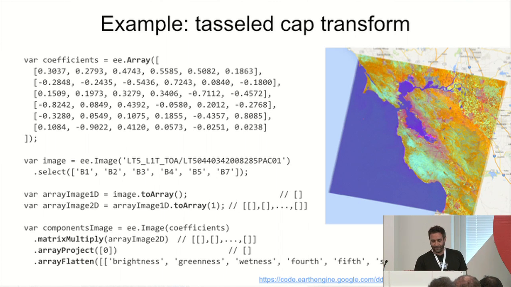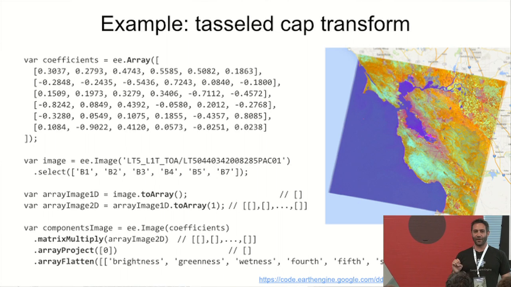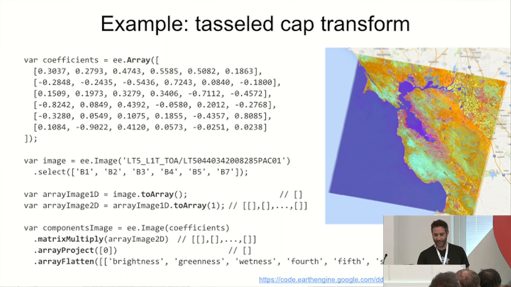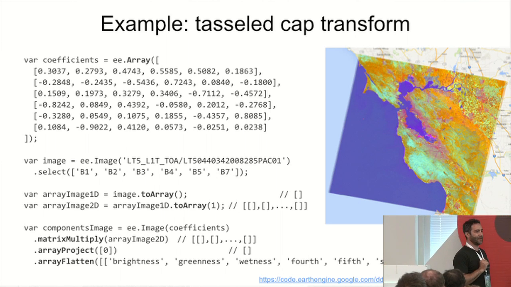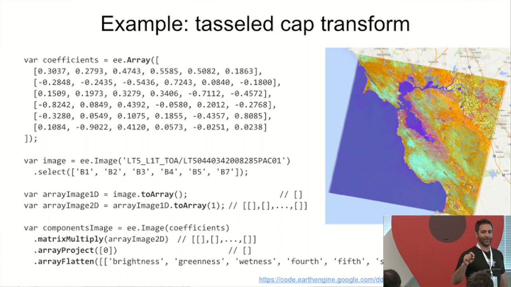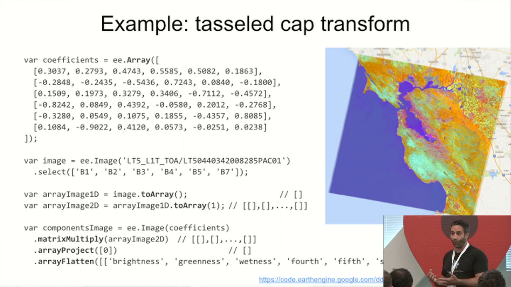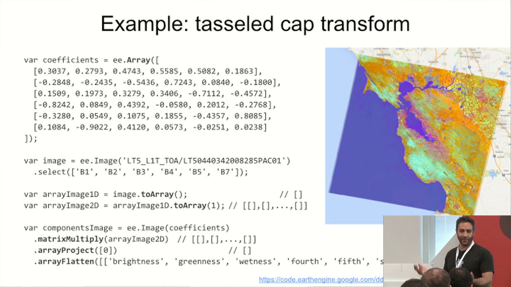At this point, we can turn these coefficients into their own image, in which each pixel stores that 6 by 6 matrix. So doing this ee.Image on those coefficients is like saying ee.Image(1), you get an image in which each pixel stores a constant and it's 1, or ee.Image(2), whatever.